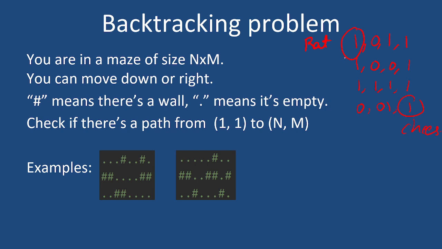ठीक. So rat can go either right or down. All right. And it can only follow the paths given by ones. Consider zeros as obstacles. So a possible path here will be right. So what you have to print is a possible path, that is a matrix.